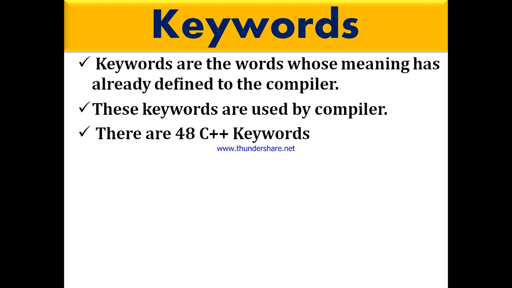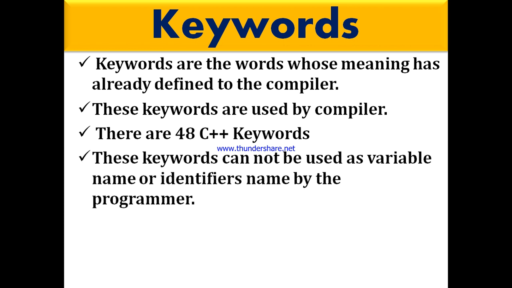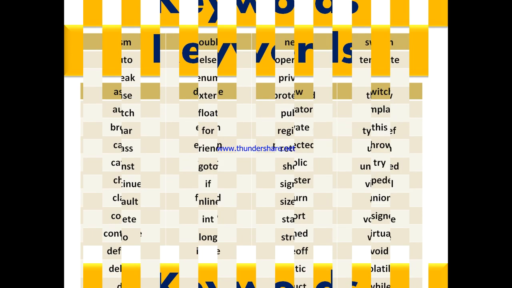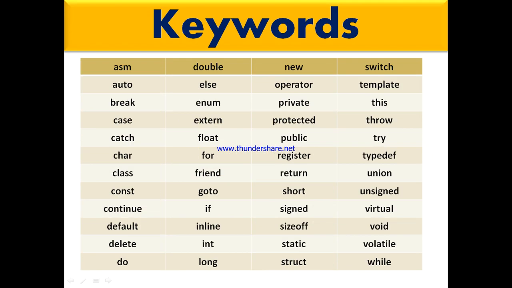There are 48 C++ keywords, while in C language we have 32 keywords. These keywords cannot be used as a variable name or identifier name by the programmer. These are the list of the keywords present in C++ language.